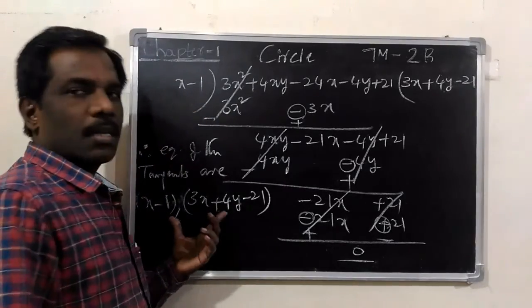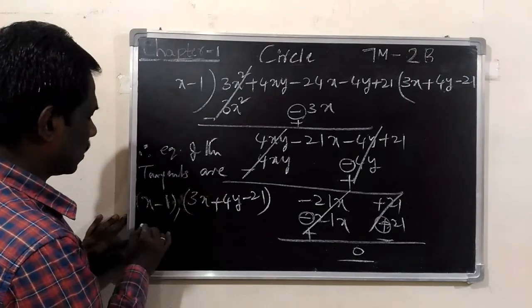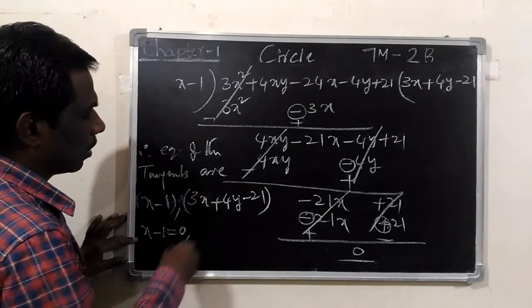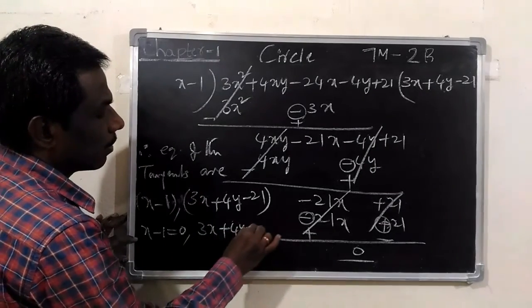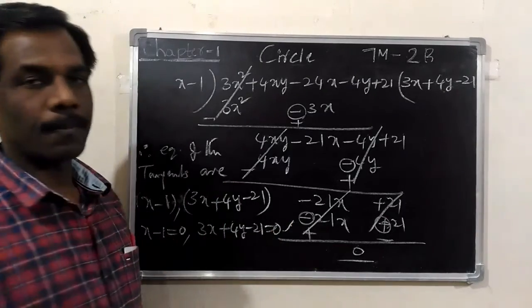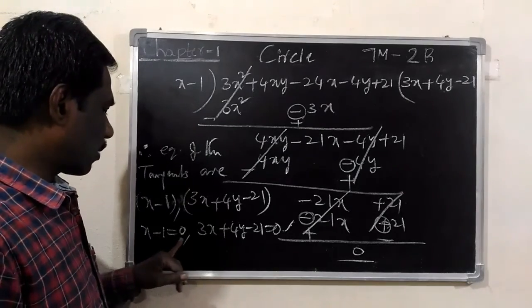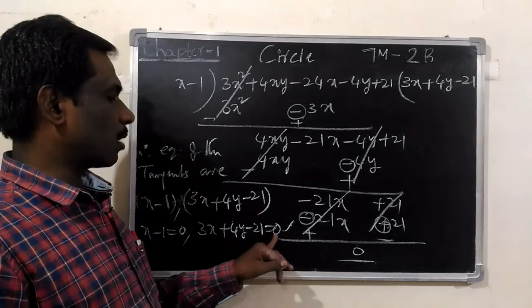So these two are the factors of this equation. That's what we can write as the equations. Tangent equations are x minus 1 equal to 0, and another equation is 3x plus 4y minus 21 equal to 0. These are the answers. The equations of the tangents are x minus 1 equal to 0, and another one is 3x plus 4y minus 21 equal to 0.